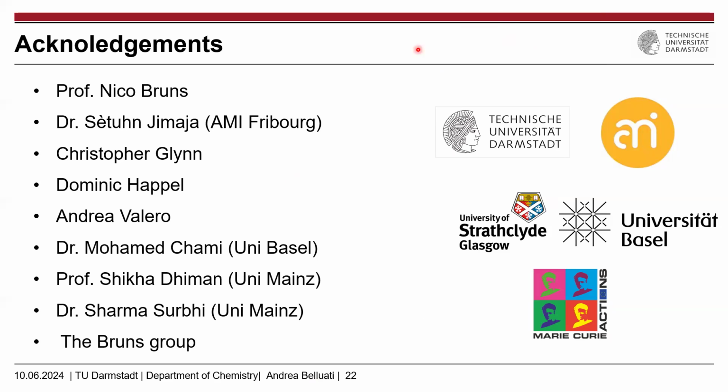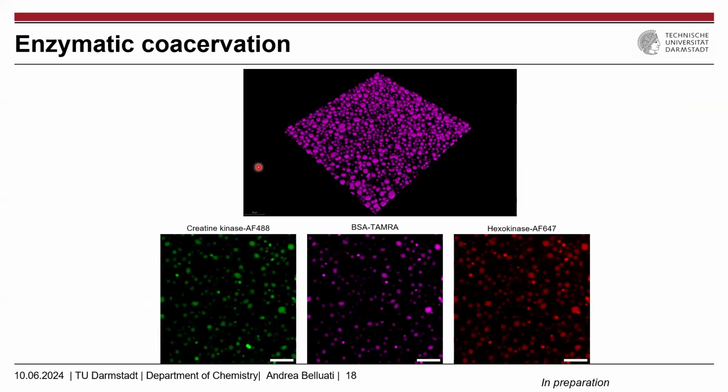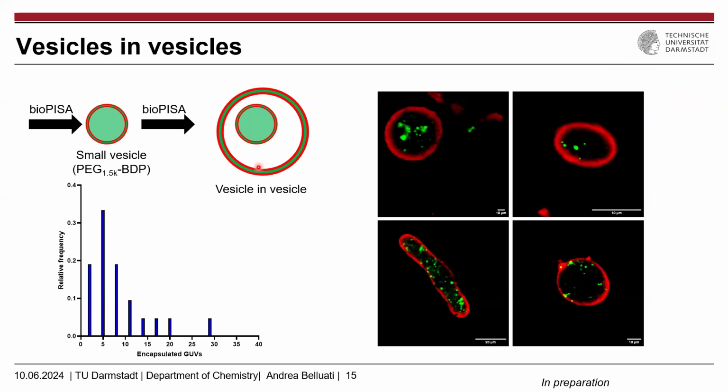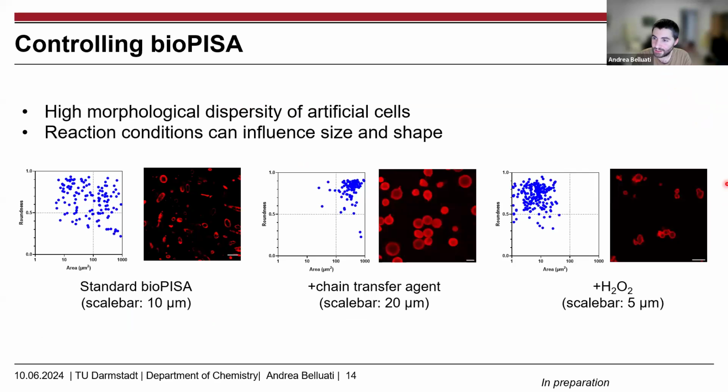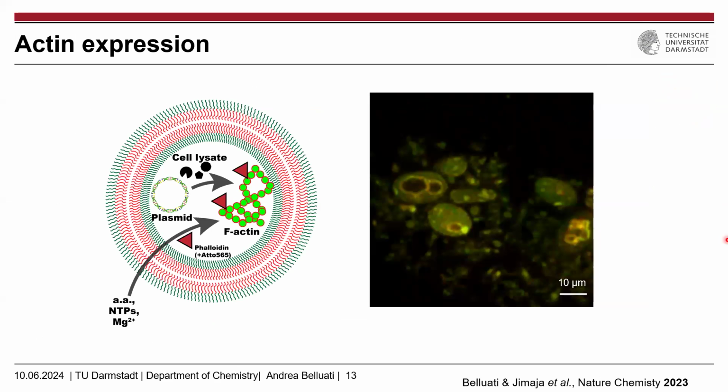Hi, I'm Ketan. Excellent talk. I have a question regarding the actin expression in the vesicle. Can we couple the myosin production in the vesicle itself to create the actomyosin machine, to create the stress fibers?